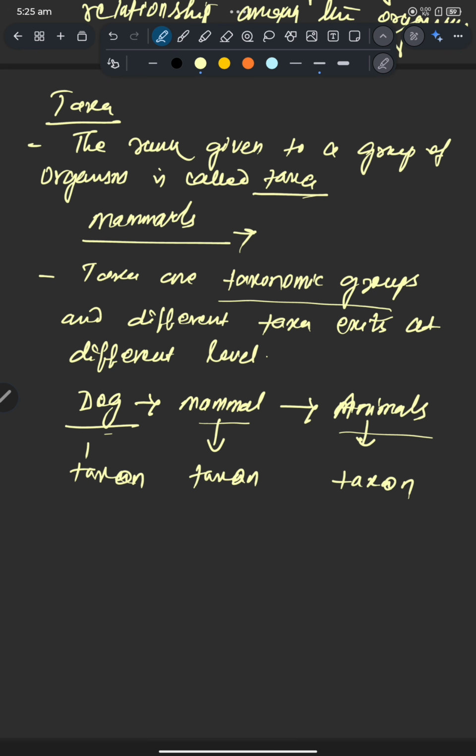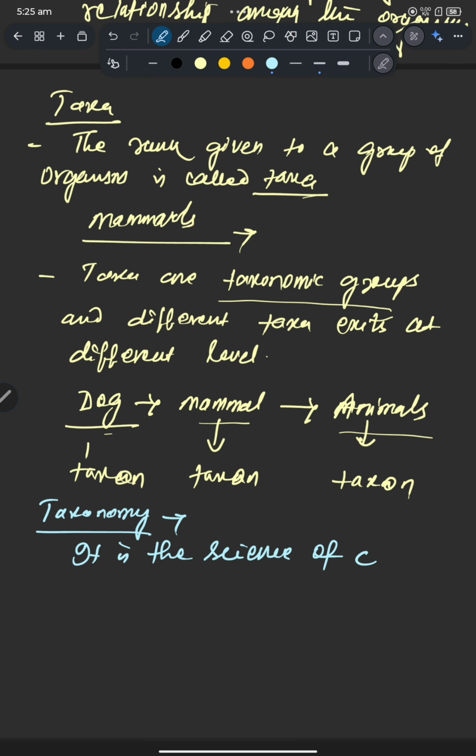Then what is taxonomy? Let us come to taxonomy. It is the science of classification of organisms. But there are certain bases of classification. So what are these bases of classification?